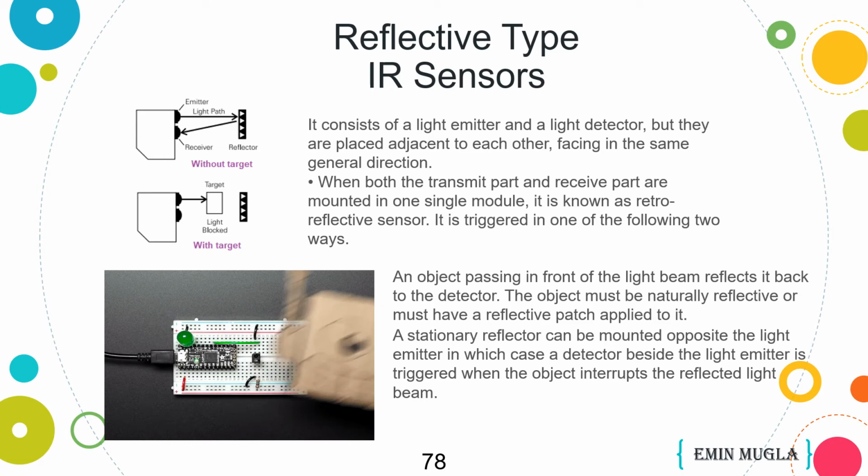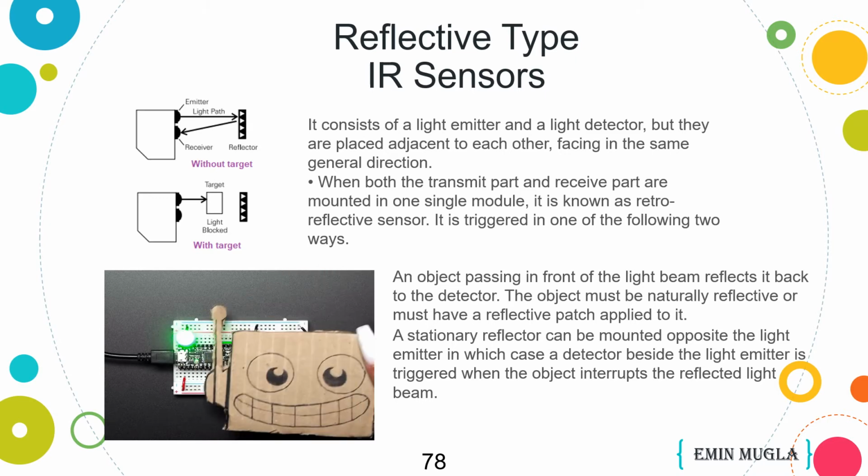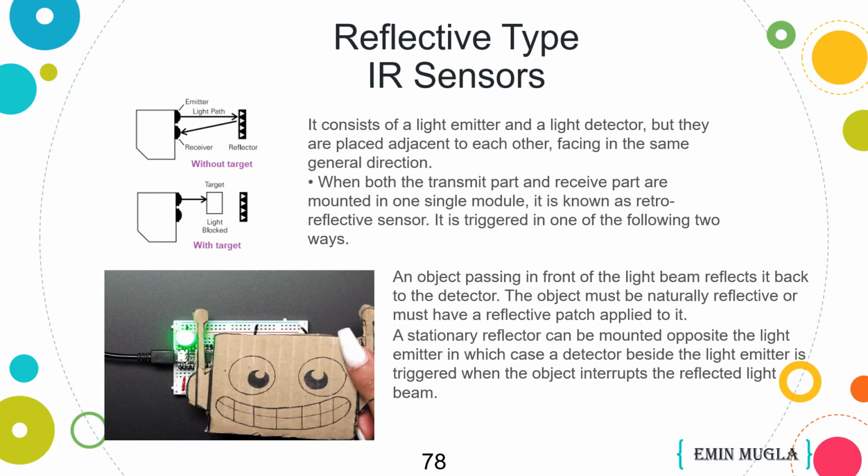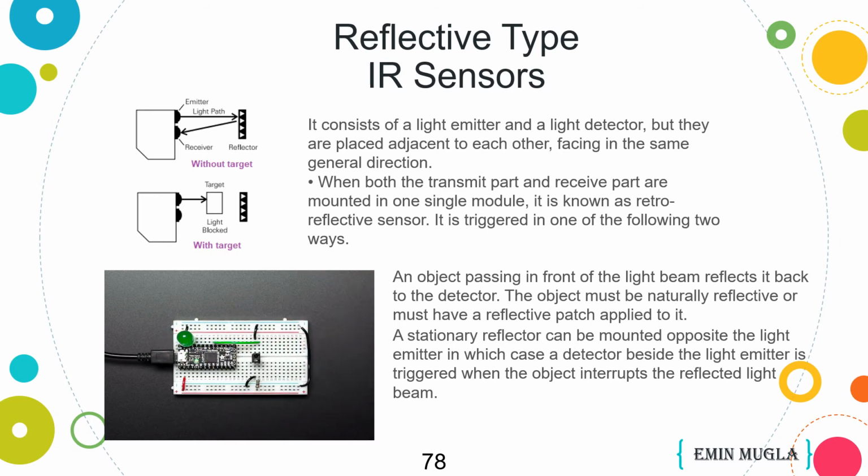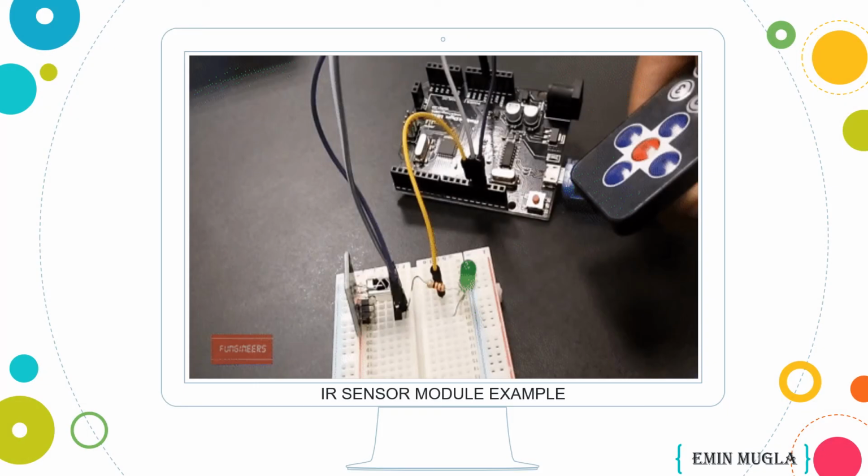An object passing in front of the light beam reflects it back to the detector. The object must be naturally reflective or must have a reflective patch applied to it. A stationary reflector can be mounted opposite the light emitter, with the detector beside the emitter, and the sensor is triggered when the object interrupts the reflected light beam.